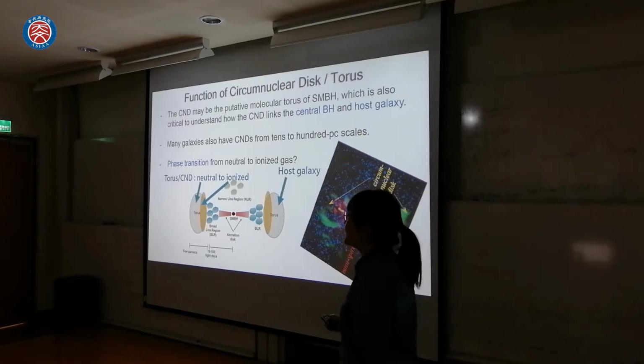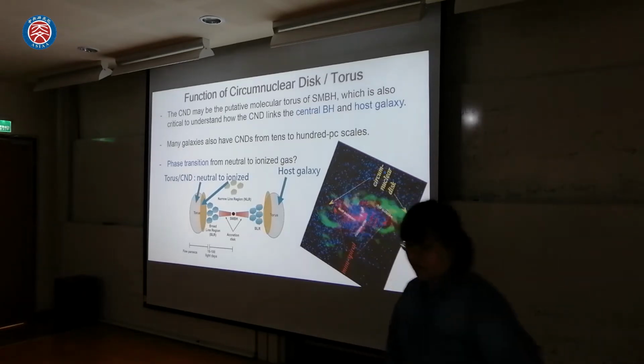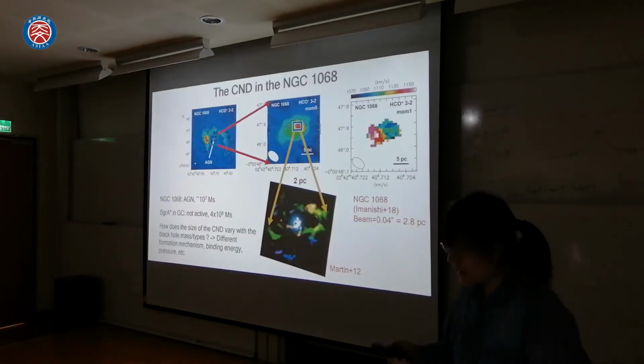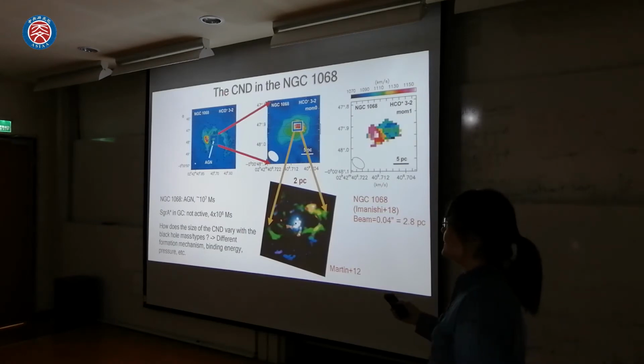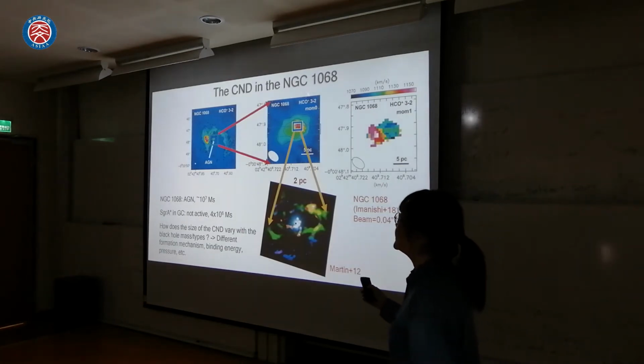But I would say it is a phase transition of this neutral torus from inside to outside. The temperature is getting higher and higher, and part of the gas is ionized. So we are talking about the structure here. Okay, so here is an example of the CND observed in several galaxies, NGC 1019, 1068.